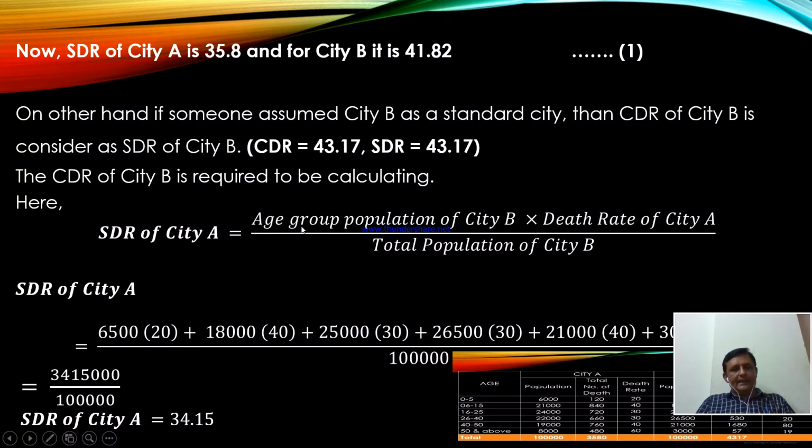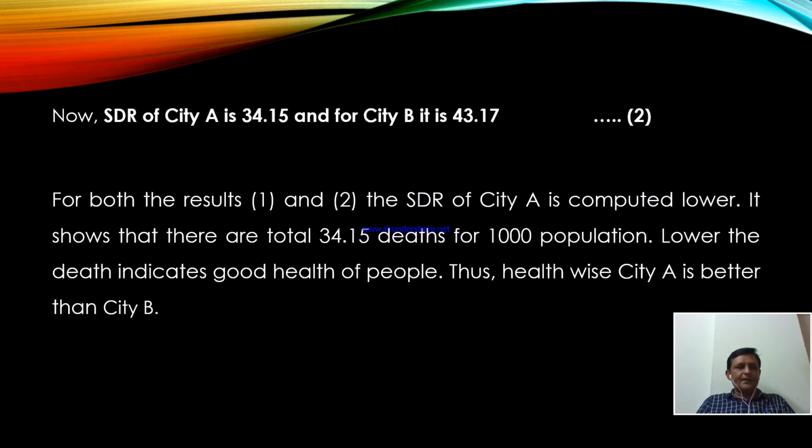So once again, if one takes the CDR of the standardized city B and calculates the SDR of city A, here we get different results, but interpretation wise we should have the same results. Let me check. The SDR of city A is 34.15 as we calculated, and for city B, the CDR and SDR are equal at 43.17.